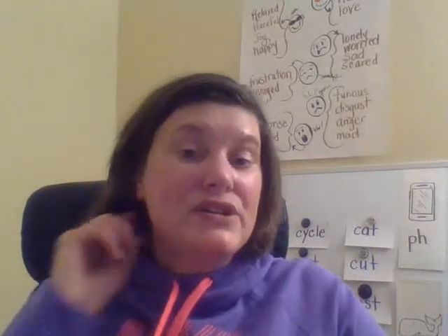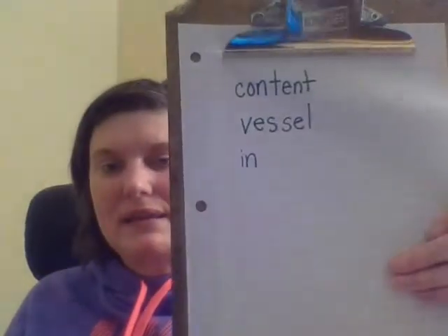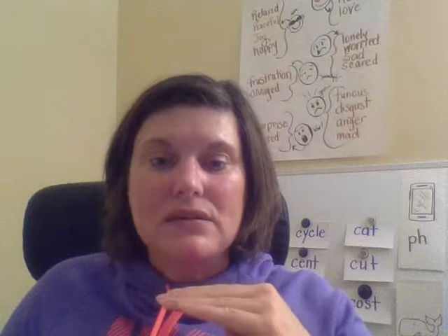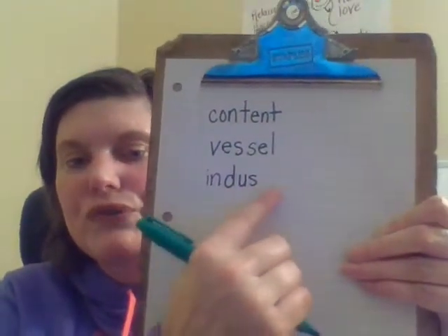2 more. Industry. Industry. So in, that's easy enough. In. Okay. Second syllable. Indus. So dus. Dus, which is a closed syllable, and then tree.